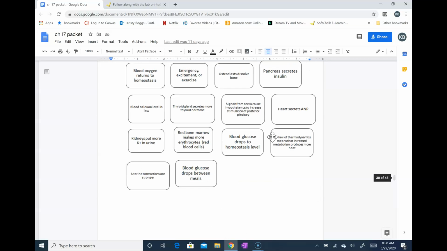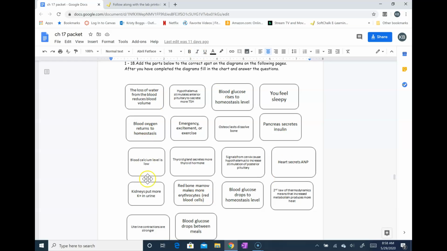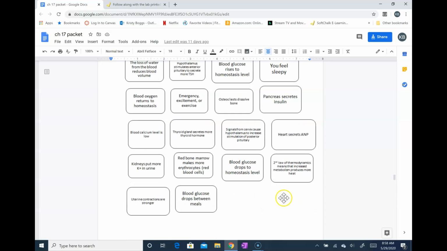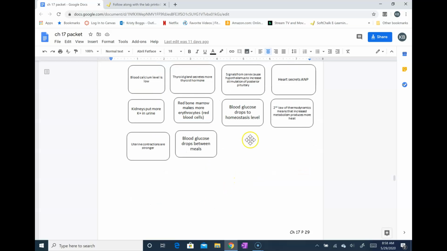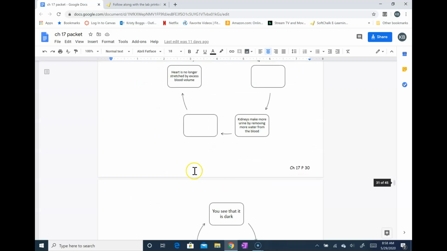You also have the process of elimination. All of the answers come from here. As you use an answer from here, cross it out, and do the easy ones first, the ones you know, and cross those out. That way you're not having to look up every single hormone in the body to see which one is secreted by the heart when it's being overstretched. You can use process of elimination to narrow it down here.